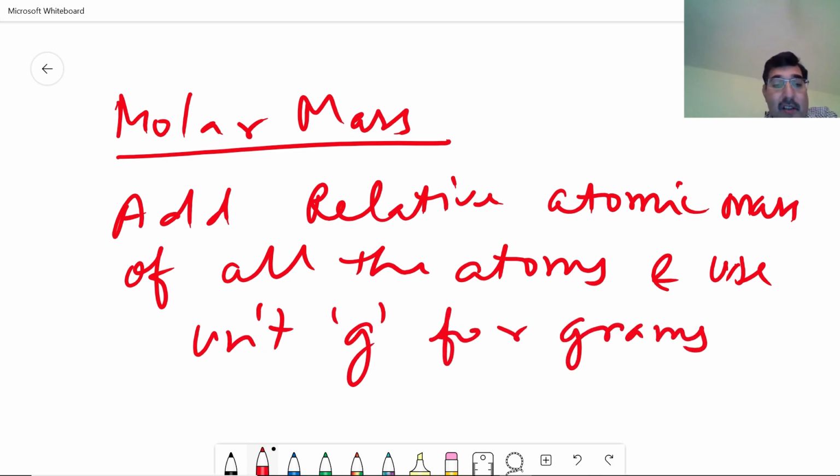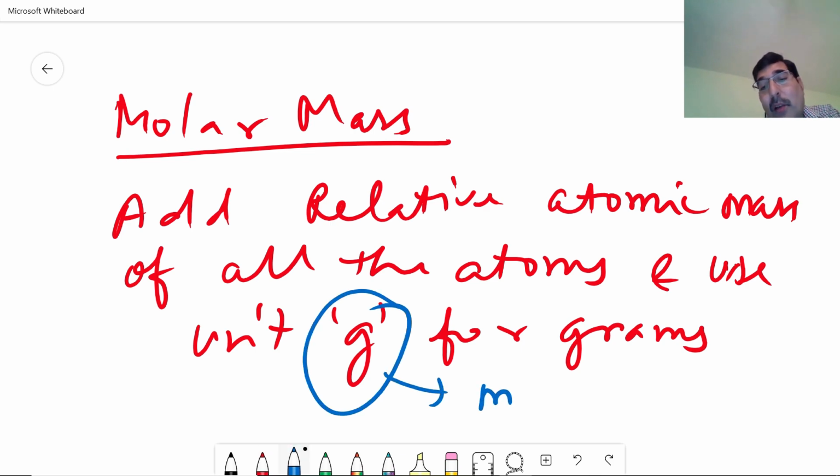As soon as this unit G is used, that makes it molar mass. If we don't use the unit G, it is simply relative molecular mass. That is the difference between relative molecular mass and molar mass.